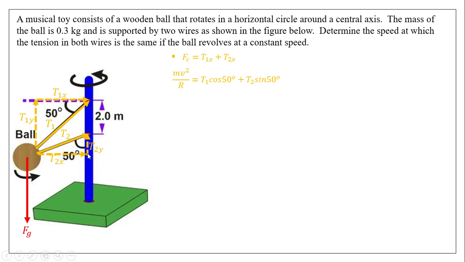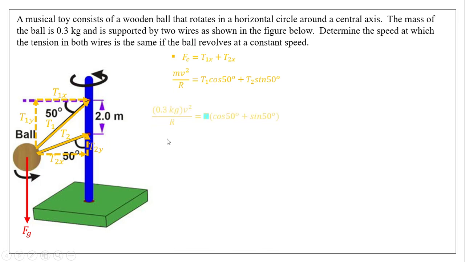However, if you look at T2x, T2x is actually the opposite leg because the angle given for the second string is touching the central axis itself, which is the vertical axis. So the angle is touching the y-axis, and if it touches the y-axis, the opposite leg in this case would be sine. So you notice why both components are called x, but T1x is cosine and T2x is sine, because the angle reference touches the horizontal versus touching the vertical.